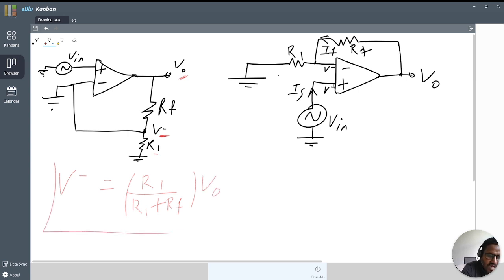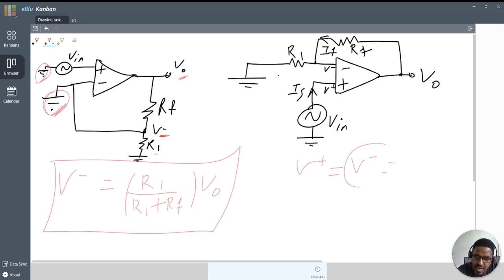This is a voltage divider in a series circuit. So when you get this V inverting by this equation, as you remember the rule of op amp circuit, V non-inverting equals V inverting, because of the virtual ground, that becomes the same.